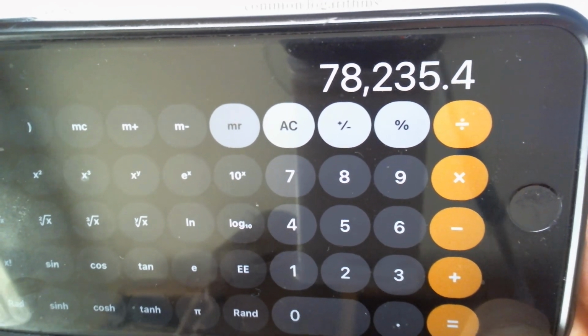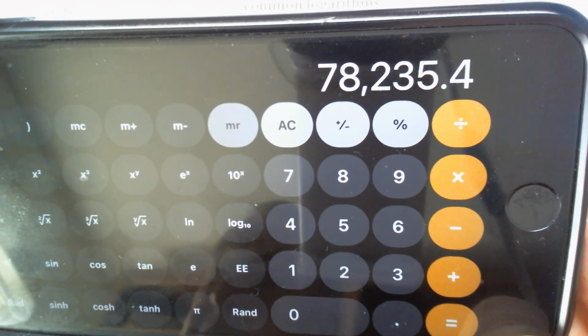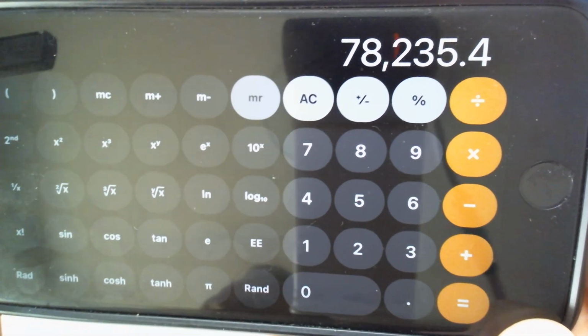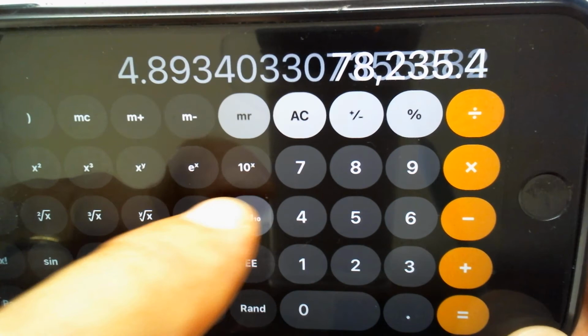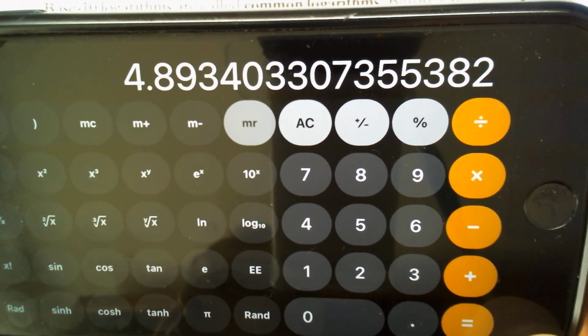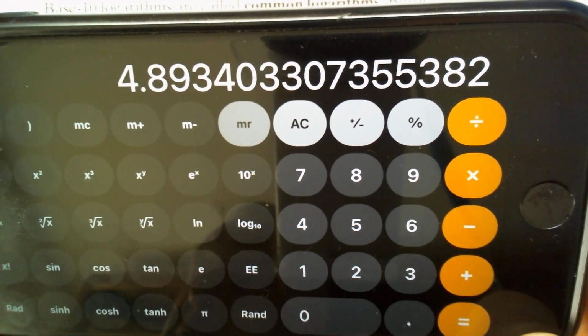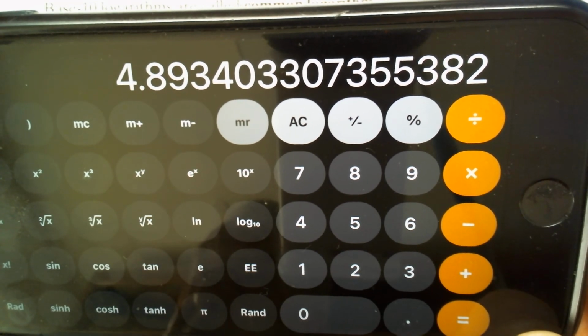So here I input the number 78,235.4 in my calculator, and now I press the log base 10 key, and here's the answer: 4.8934 to 4 decimal places.